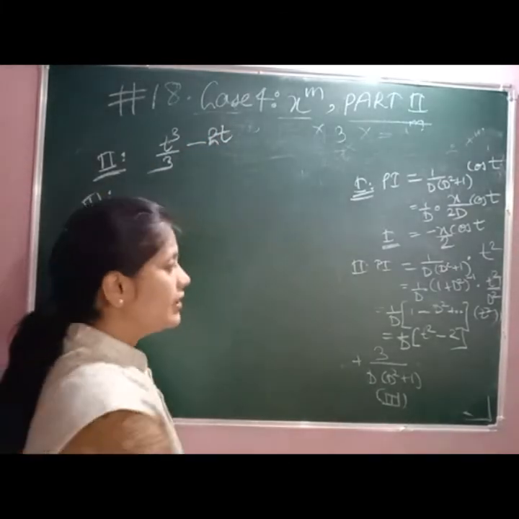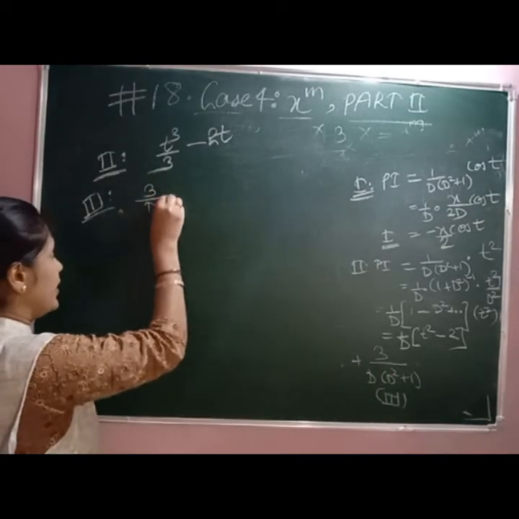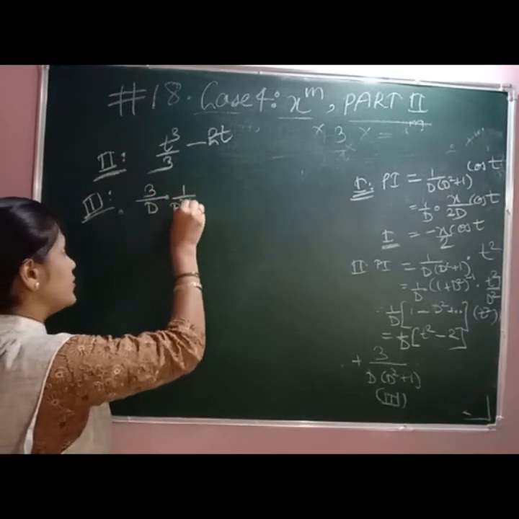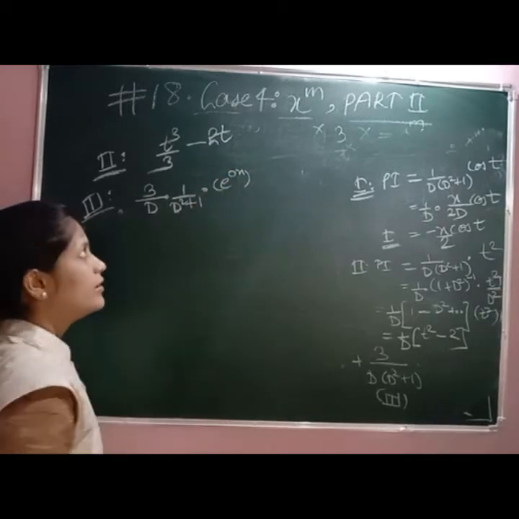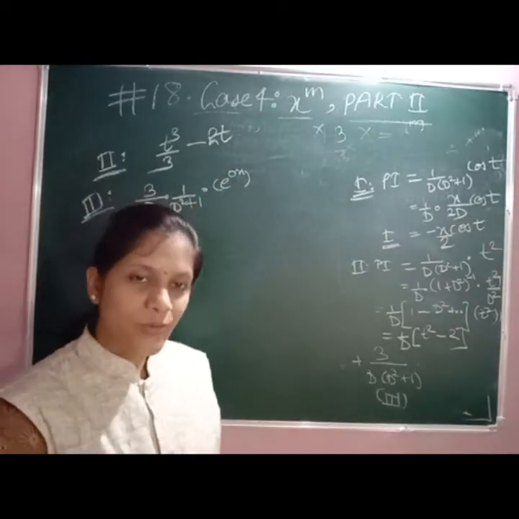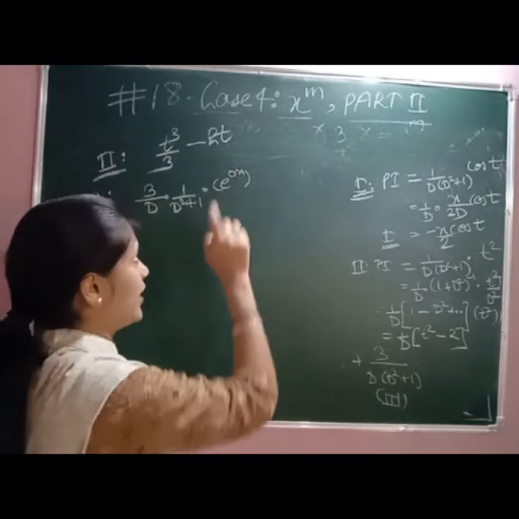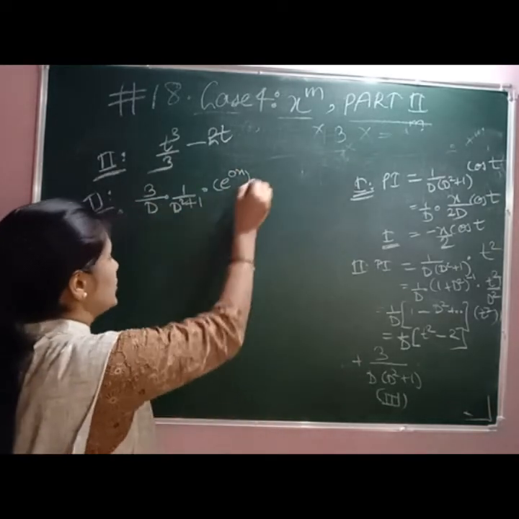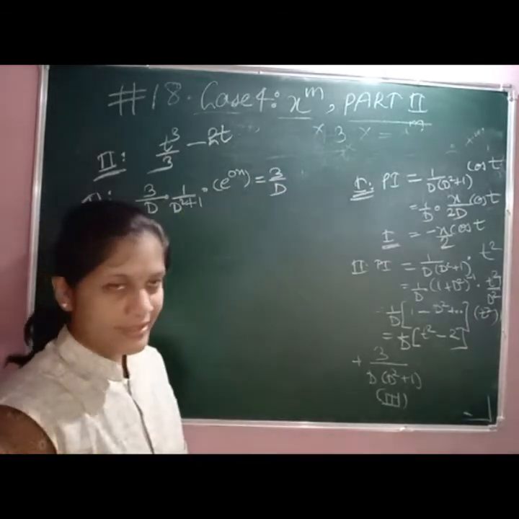Now let us do our third one. What is the third one? 3 by D square plus 1 of e raised to 0x. Right? So what are we supposed to do? Put D value as a value, that is nothing but 0. So this gives 3 by D as it is. Let us only put for this function.